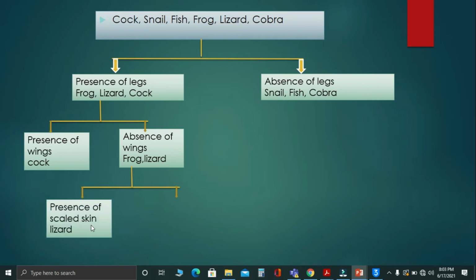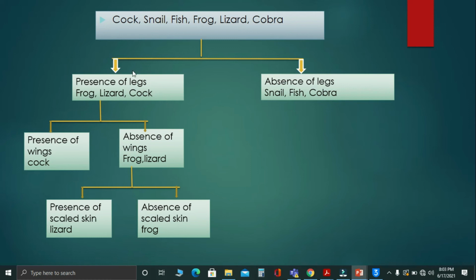Presence of scale skin. Scale skin has lizard, so lizard comes to that group. On the other hand, absence of scale skin, it comes frog. So frog does not have scale skin, so frog comes to this group.